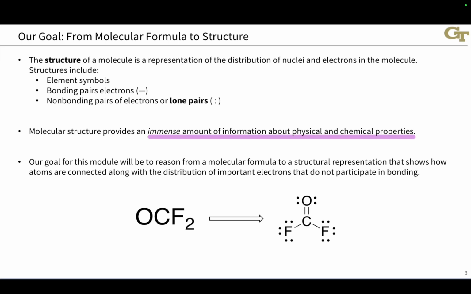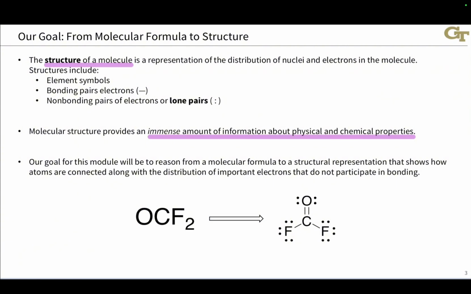Let me back up to the previous bullet now and talk about what exactly we mean by structure. The structure of a molecule is a representation of the distribution of nuclei and electrons in the molecule. We're interested in where those atomic nuclei are sitting. We tend to represent those with element symbols, and then where the electrons are located. And we represent these either as lines to indicate bonds where electrons are shared between two atoms, or pairs of dots.